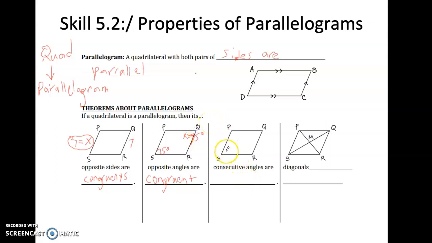All right, the next one, we have consecutive angles that we also can call same side interior angles. You may have heard that phrase before. So consecutive angles or the same side interiors are supplementary.